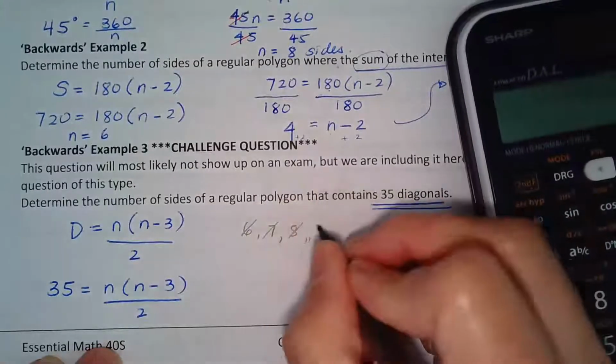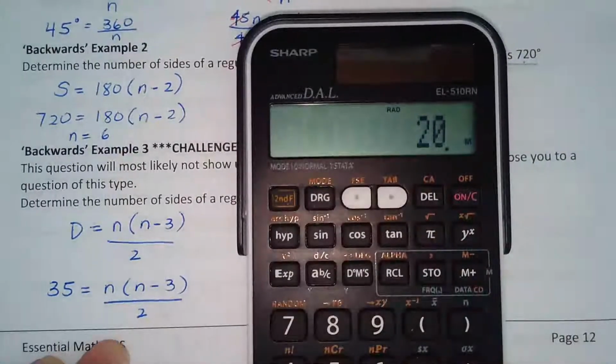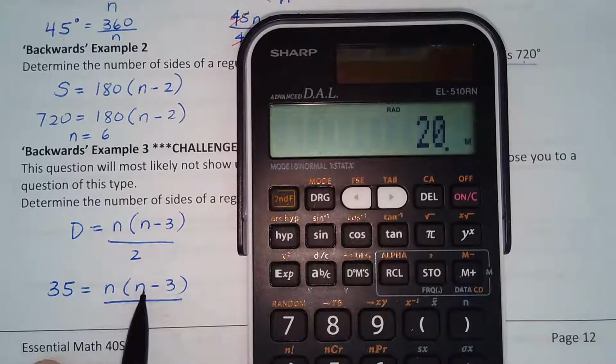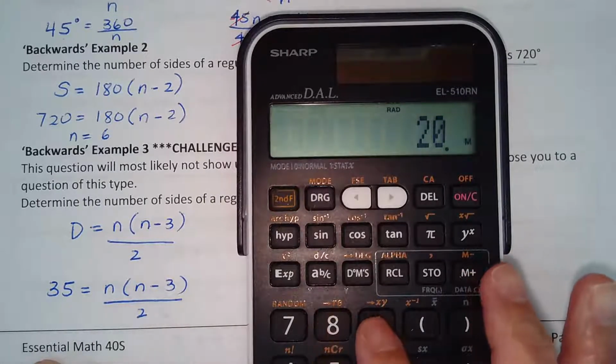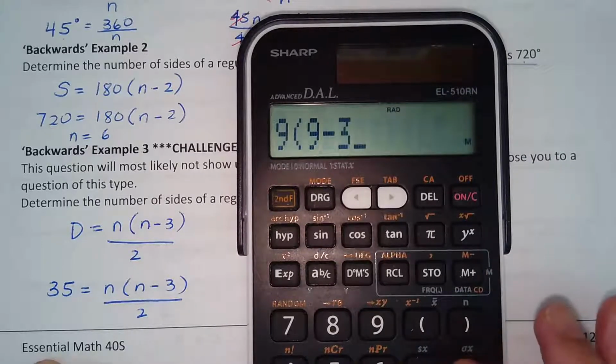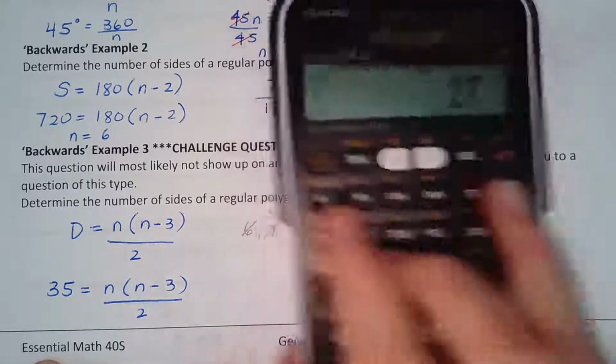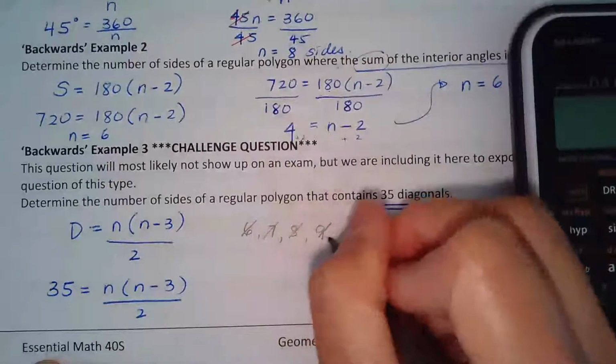Let's try 9. So I'm going to put 9 in here and 9 right there. So it's going to be 9 times 9 minus 3, close brackets, and divide by 2. 27. So nope, not that one.